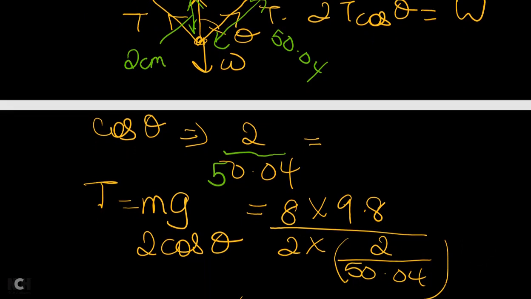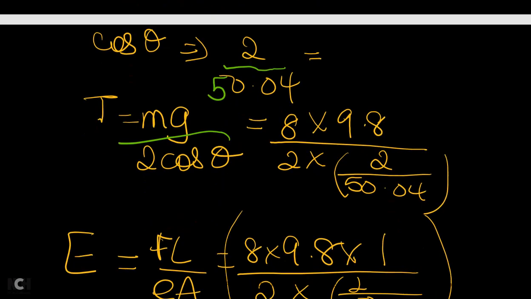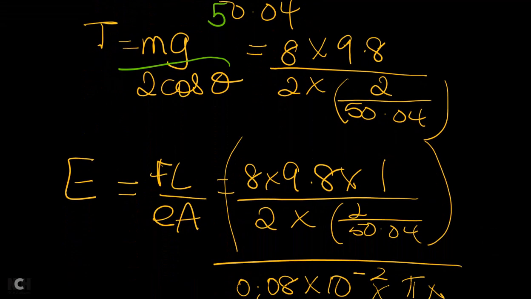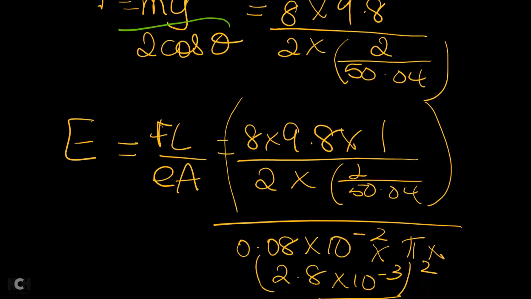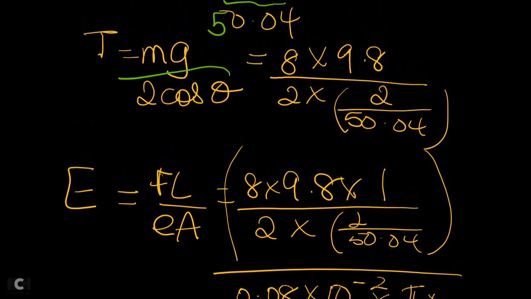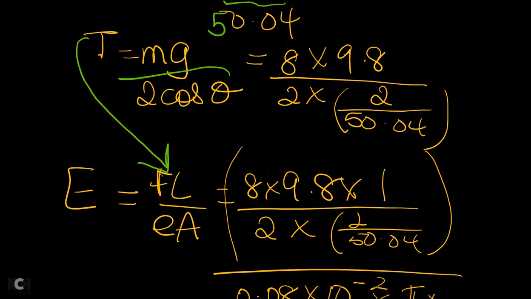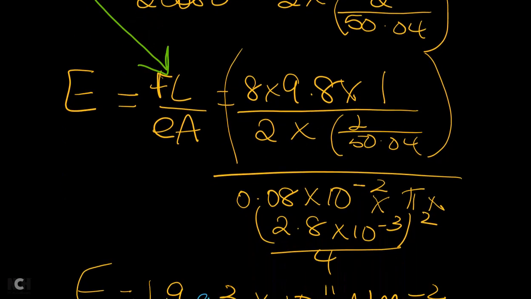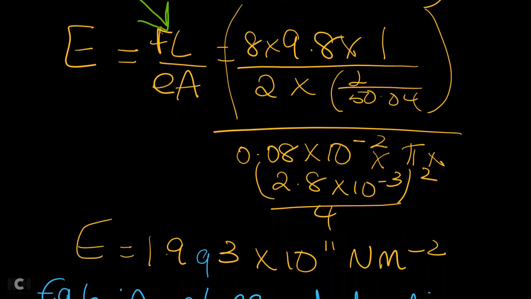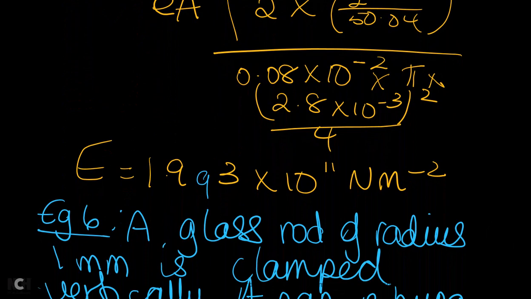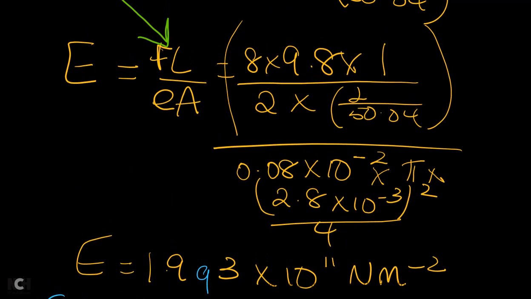So T is mg over 2 cos theta, and you work it out. And then, of course, E is FL over EA. So what we did was we let the tension be equal to the force, right? So when I worked out what the tension was, I divided it by, I found the extension, and then I solved for E. So I'm just going to leave it here for a few minutes.